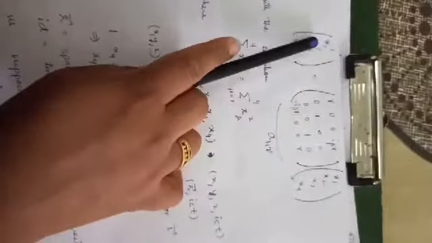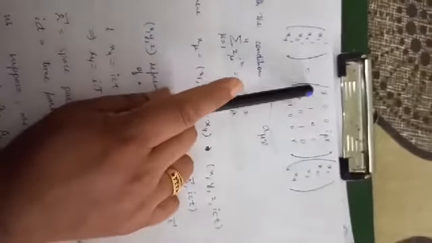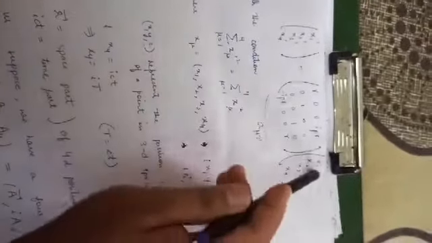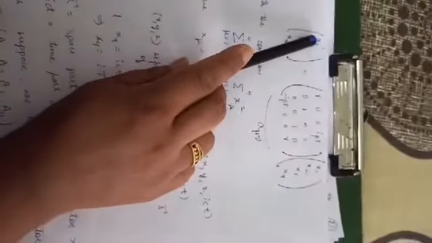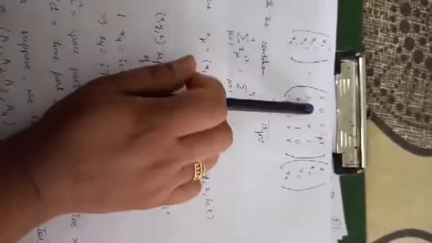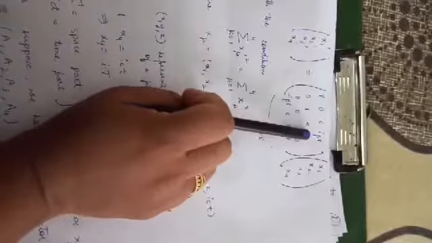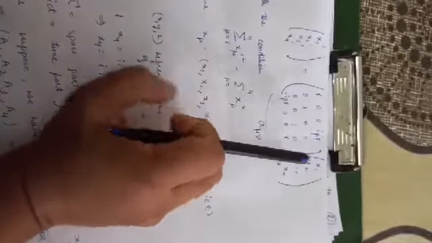This matrix is doing the transformation of the components in the S frame to the components in the S dash frame. Now if we do the matrix multiplication of this row and this column, then x1 dash will be equal to gamma times x1 plus iota beta gamma times x4. I will explain these things again.